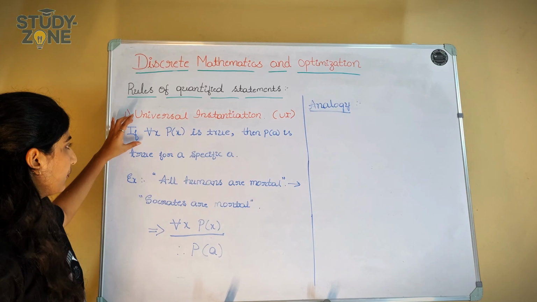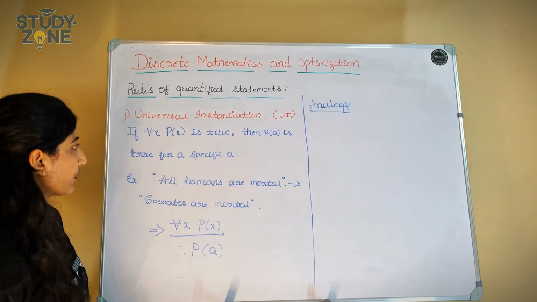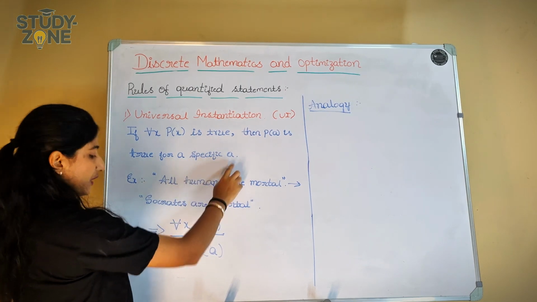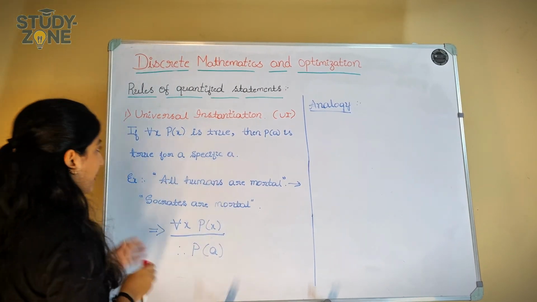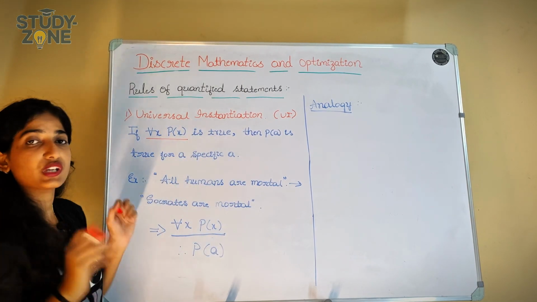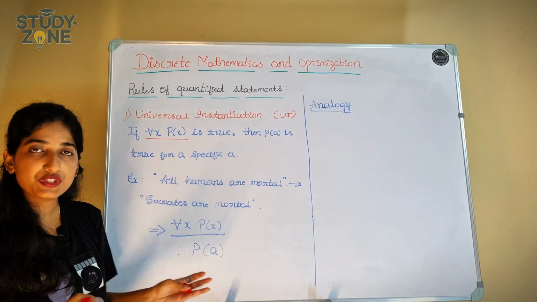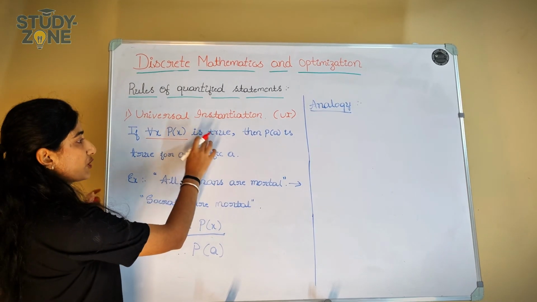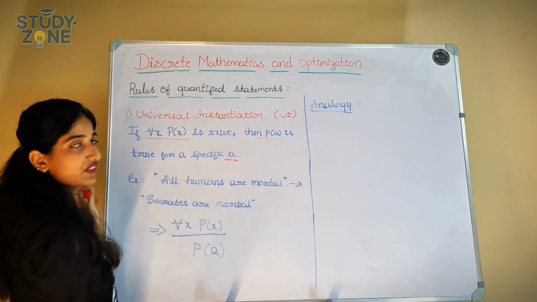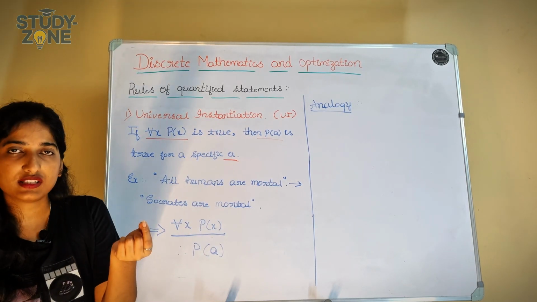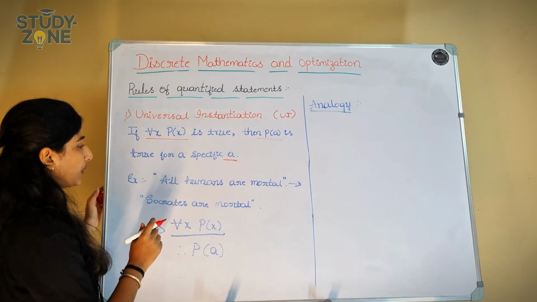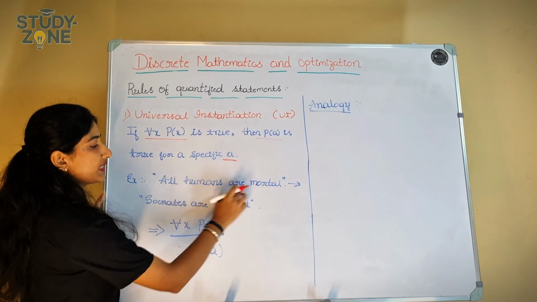Here, if for all x, P of x is true, then P of a is true for a specific a. The thing you should remember is, for all x, P of x is true, that is, for each and every element or object or term, P of x is true. Then P of a is true for a specific a, which means if we take any one element, then it is true for that element. Let us take one example. All humans are mortal.